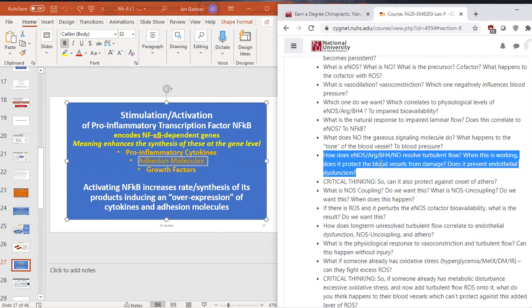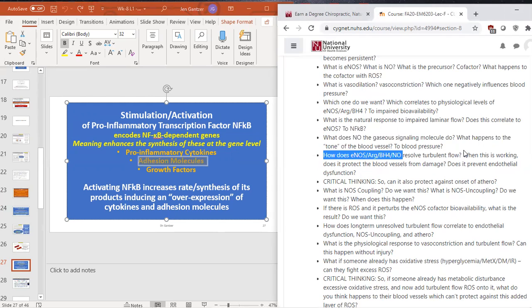How does eNOS, arginine, BH4, and nitric oxide resolve turbulent flow? When this is working, how does it protect the blood vessels from damage, and does it prevent endothelial dysfunction? Definitely. That's the point. Normal, healthy, optimally functioning people do not have a detrimental effect. This is how we solve turbulent flow.